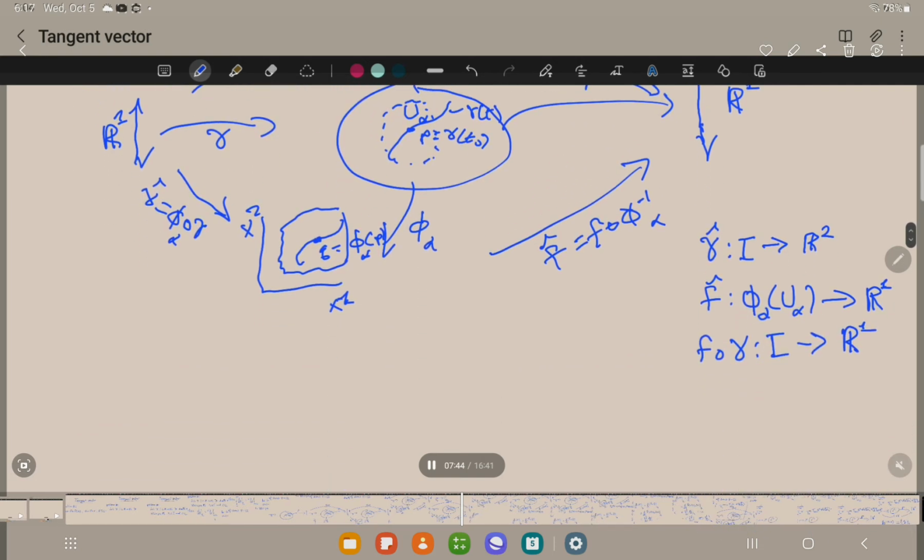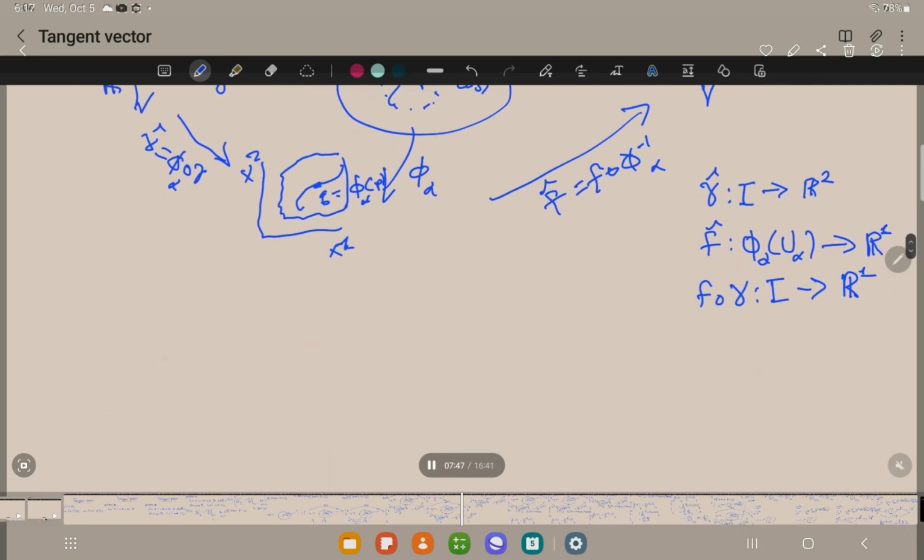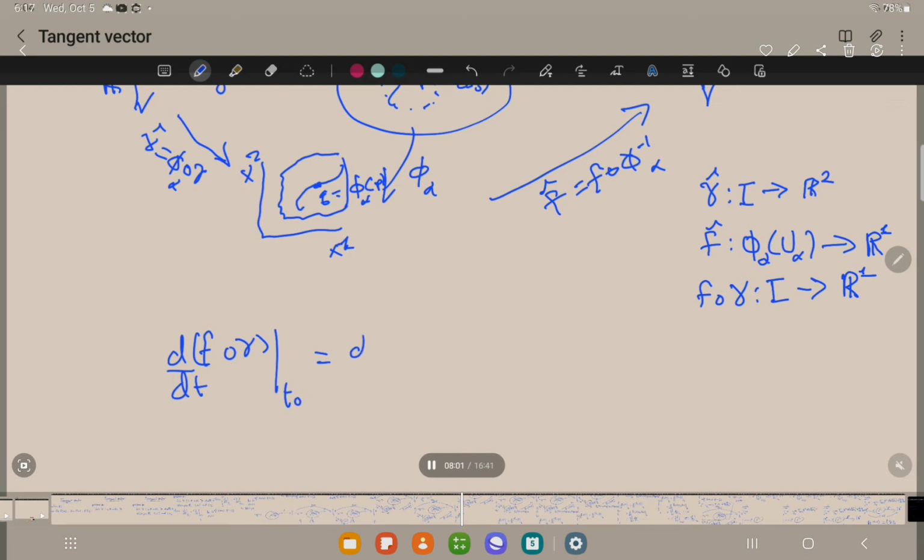Okay, so this is all P right here. So here is the proof. So d by dt of f composed with gamma at t0 is, I'm just rewriting this in the coordinate representation of this mapping of these functions.